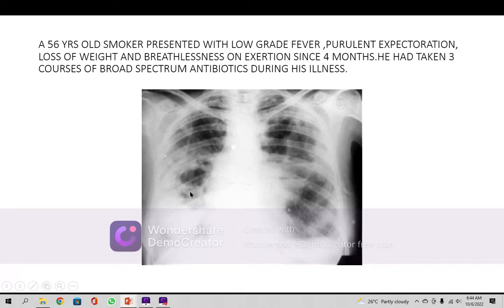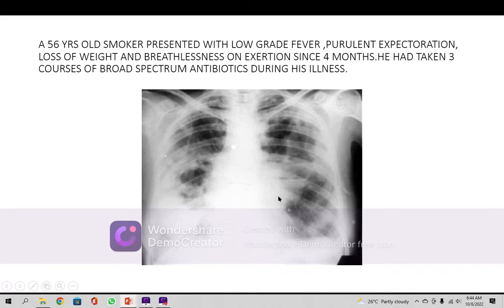What about the malignant conditions? Malignant conditions are unlikely to cause this, because these are multiple cavitations, not one. Maybe it is secondaries in the lungs which cause this type of cavitations, with a pleural reaction. It is possible, but least likely.